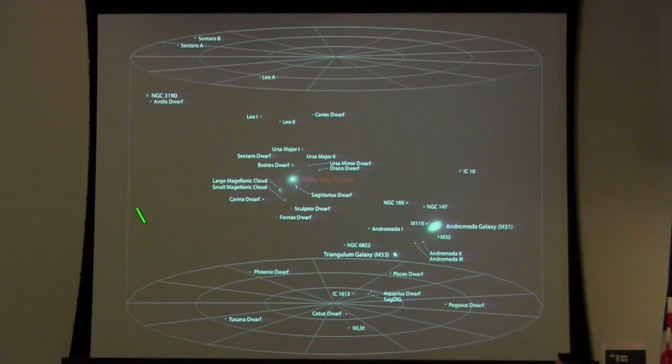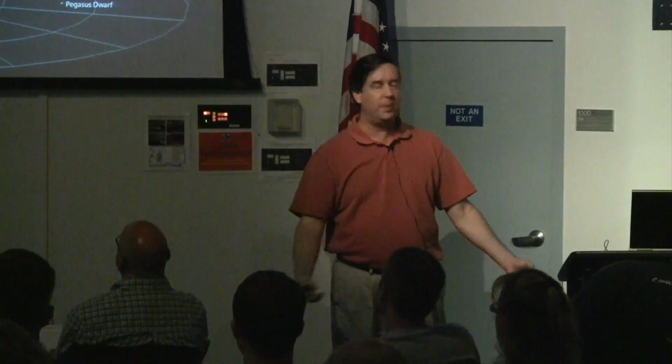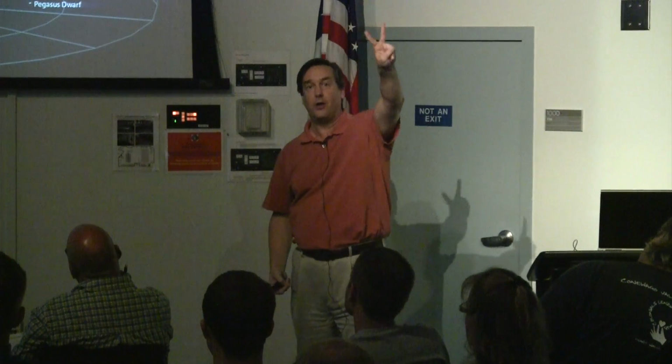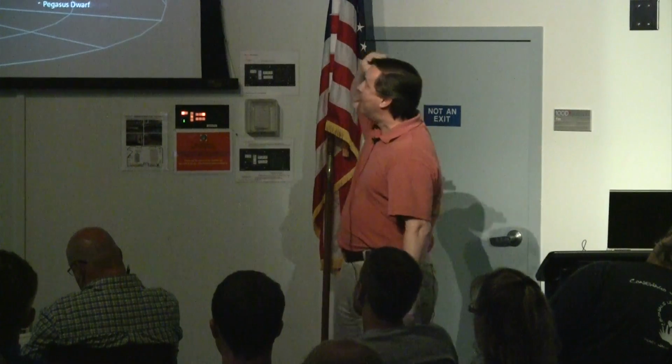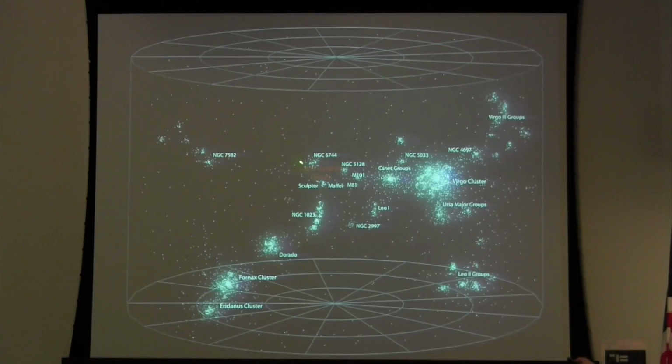Okay, but that is our local group, which is a pathetic nothing of a grouping of galaxies. Three dozen galaxies, of which 2 are worth speaking of, because we are a nothing little grouping out on the outskirts of a humongous grouping called the Virgo cluster. That has 2,000 galaxies out in the Virgo cluster, along with the Ursa Major stuff and other groups of galaxies in the Fornax cluster.